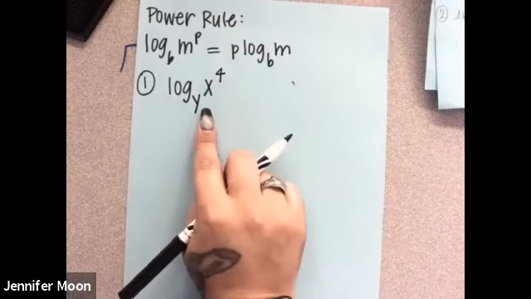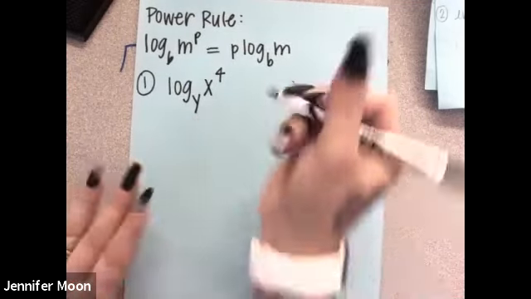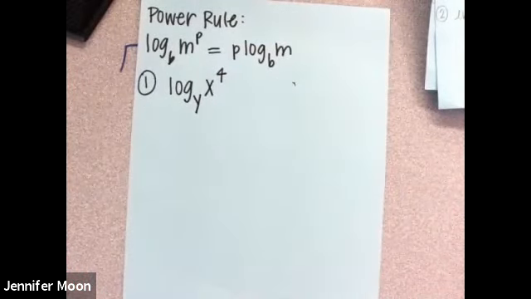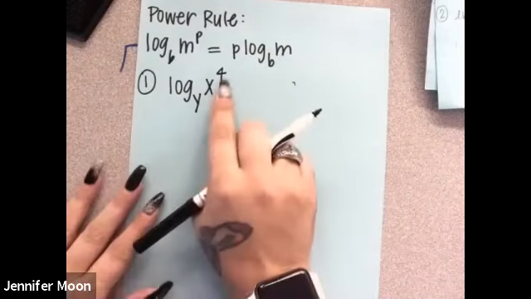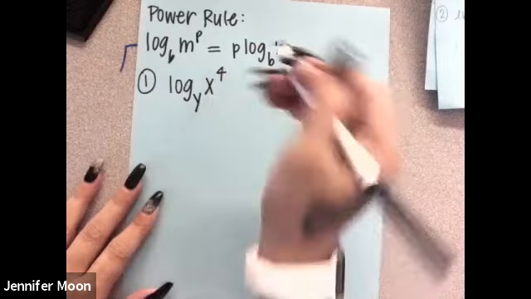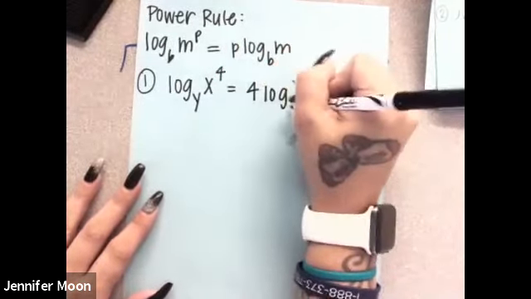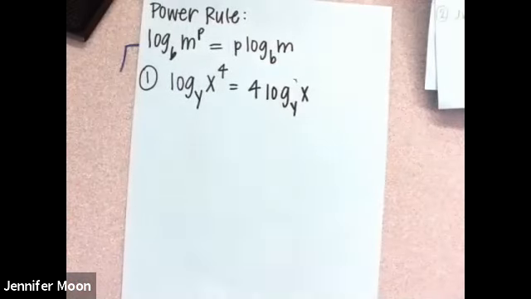Effort's got to go into the way you actually write your problems. I noticed that I don't have a 2x to the something. I'm not having things multiplying. I don't have things dividing, but I do have something that has a power. And if something has a power, that power comes out front as a coefficient. Everything else remains the same.